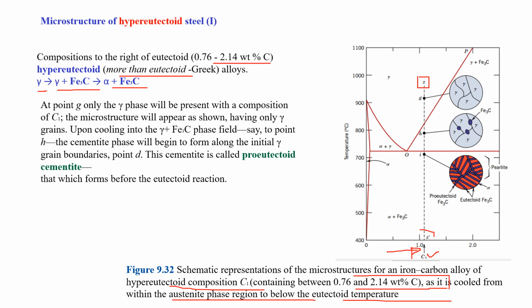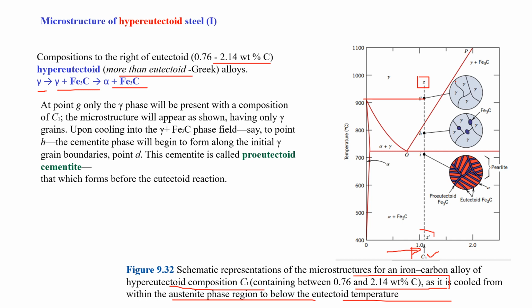At point G, when the alloy of composition C1 is cooled from a temperature above 900 degrees centigrade, the microstructure is purely austenite gamma grains.